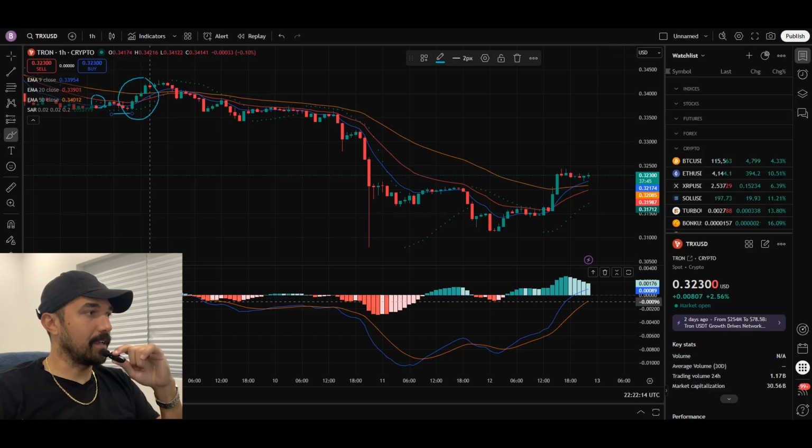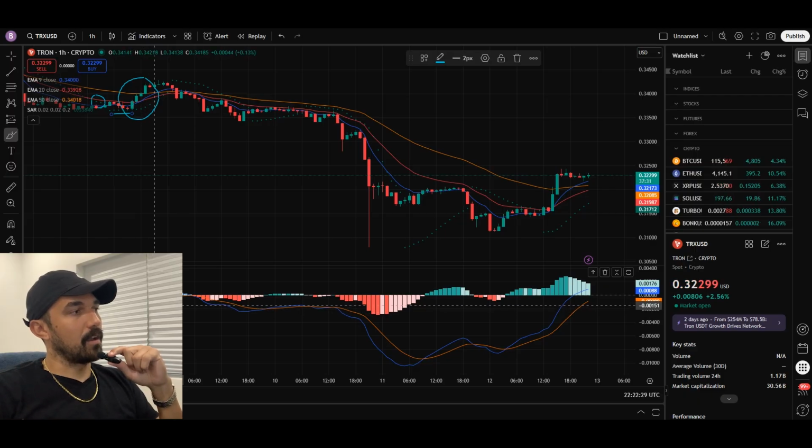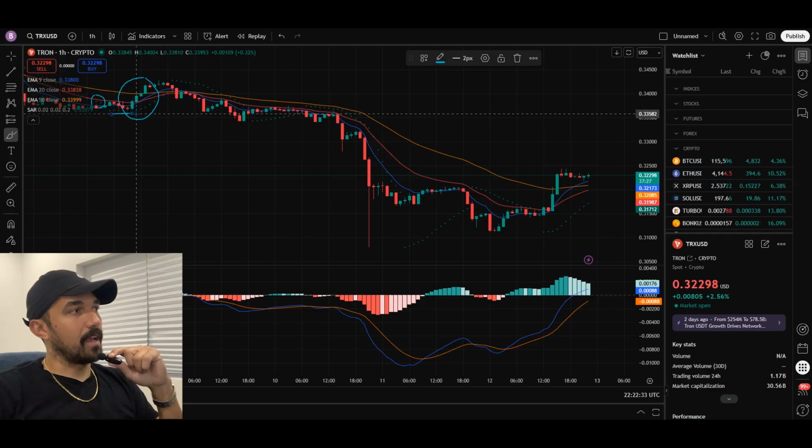Here on the MACD indicator, the 9-day was below the 50 at this point, and then as the consolidation zone kept going, we started to see both lines, the 9-day and the 50-day, on an uptrend. And as you can see, the parabolic SAR indicators formed below the candles, and this resulted in a spike, right?